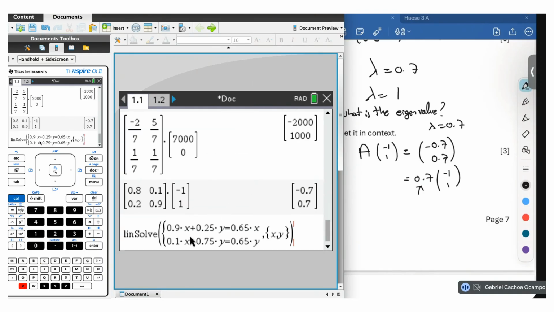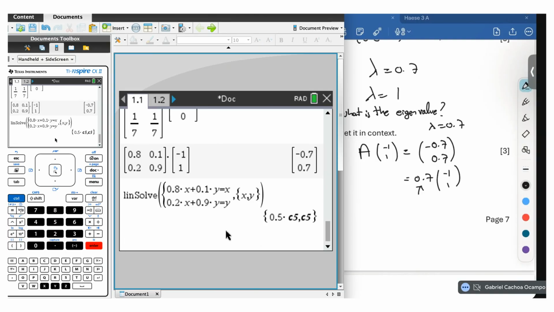I'm going to paste it here and let me just fix the numbers. 0.8x and 0.9y. Here is 0.1, and here is just 1 and 1.